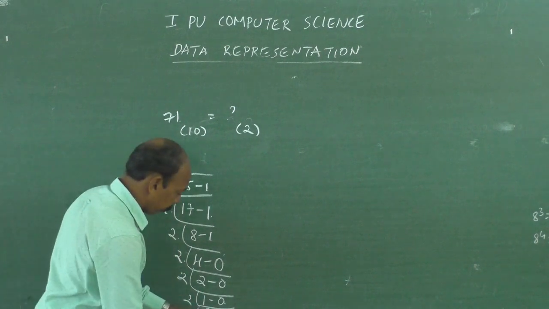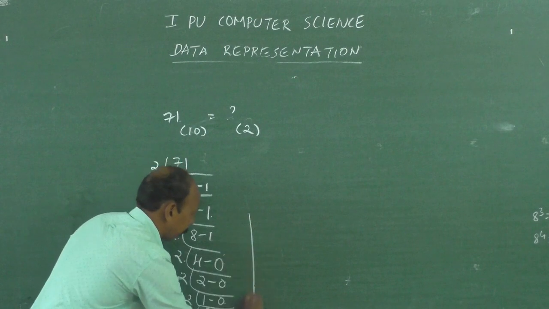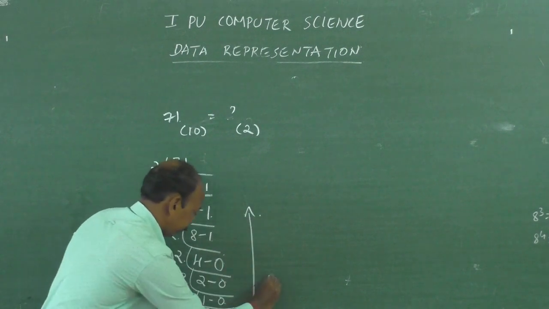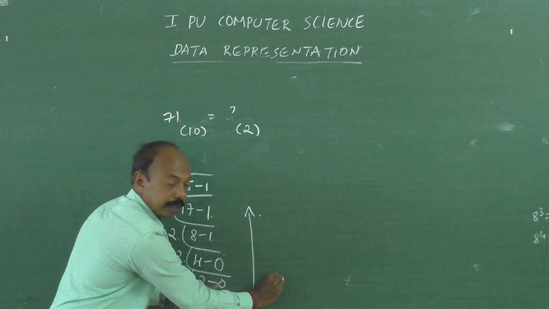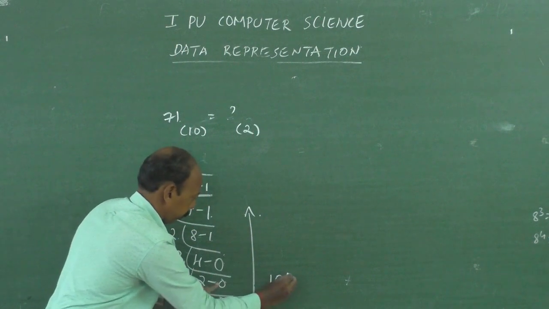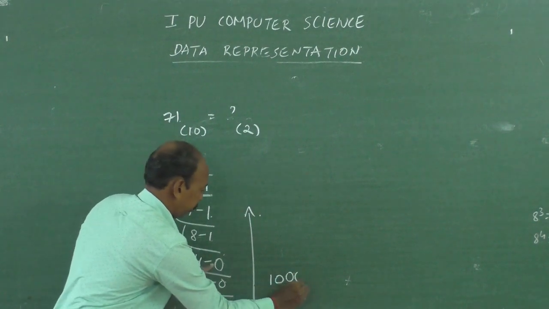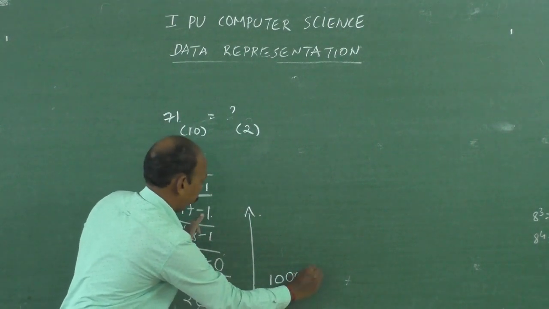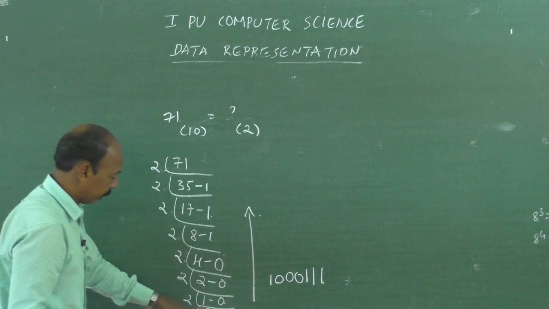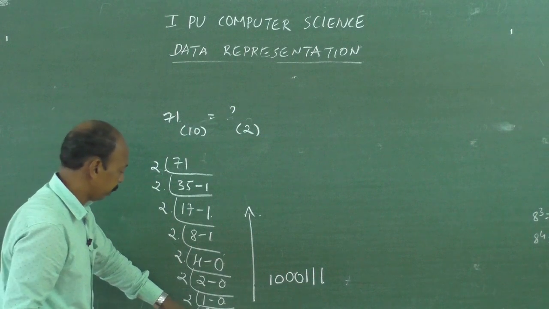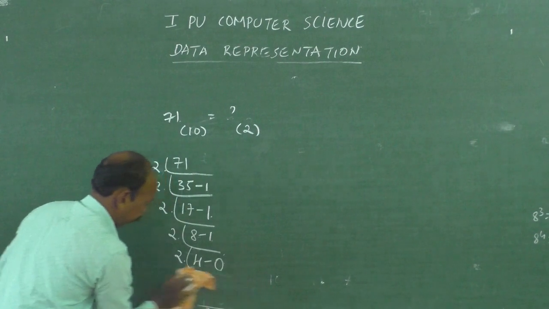Now let us see what we have to write. Bottom up, right? Bottom up. This is 1, 0, 0, 0, 1, 1, 1. I hope whatever I have written down is not visible. Just keep on dividing it, or I will write here once again.